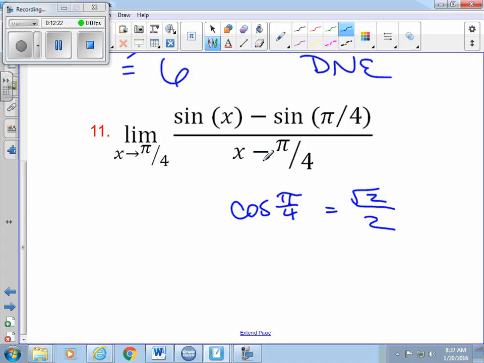Does everyone agree? Sine of pi over 4 minus sine of pi over 4, I'm pretty sure that's 0. And pi over 4 minus pi over 4 is 0. And so if I have 0 over 0, I can use L'Hopital's. Remember, L'Hopital's does not work if it's not 0 over 0. And I can do the derivative. The derivative of sine of x is cosine of x.